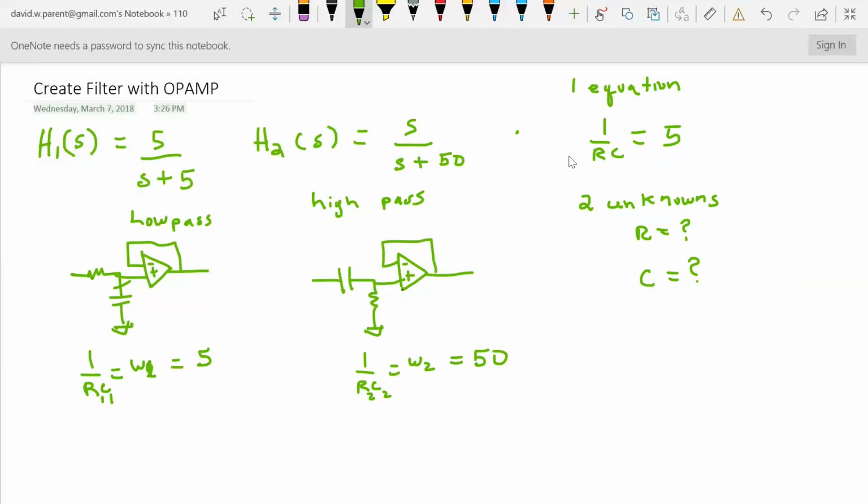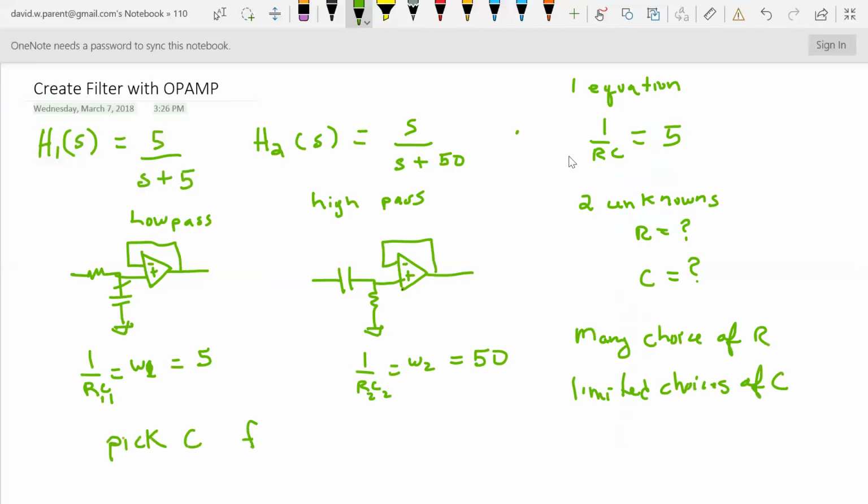What you might not know is that you have many choices of R, limited choices of C. So pick C from a chart.